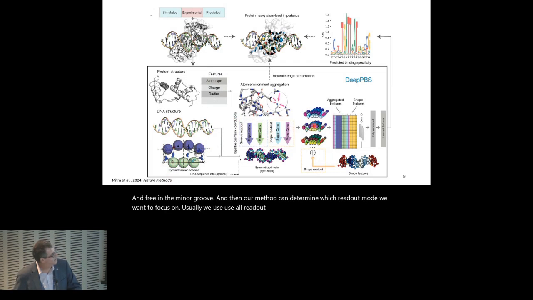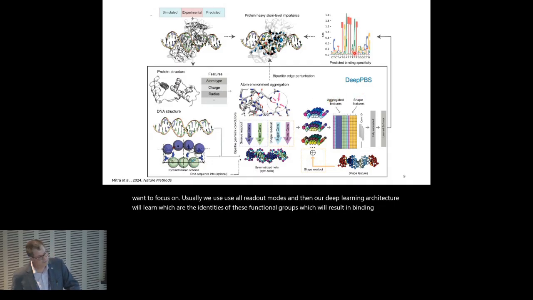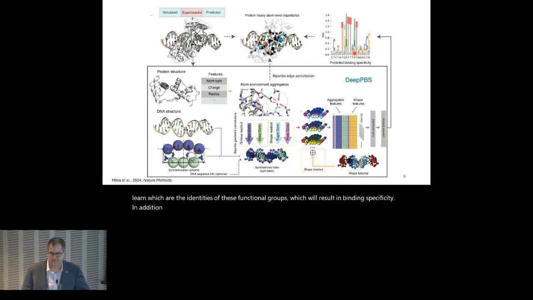And then our deep learning architecture will learn which are the identities of these functional groups, which will result in binding specificity. In addition, because my lab is interested in mechanism, we also calculate importance scores for each amino acid or each atom in those side chains.